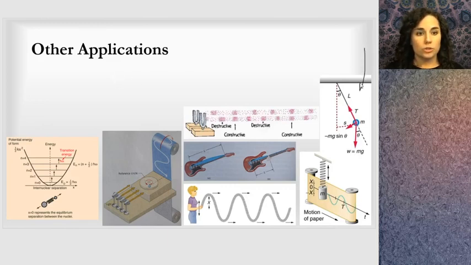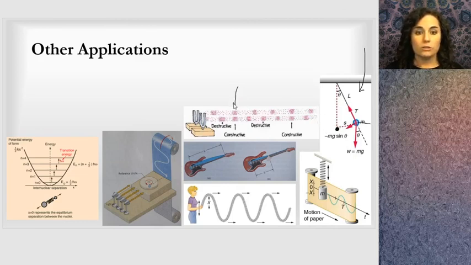Well, this is true for an object such as a simple pendulum that goes back and forth. At one point, it has all potential energy up at the top here, when it reaches a maximum angle. When it gets down to the bottom, it's all kinetic energy. And then up at the top, it will have all potential energy again.